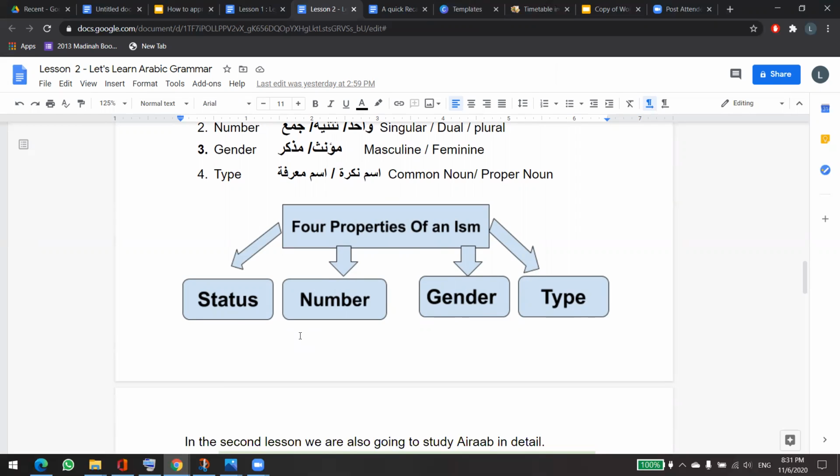Status, number, gender, type. And remember, we are learning about ism. So ism has four properties. When we describe an ism, we describe the status of that ism, the number of that ism, the gender of that ism, and we also mention the type of that ism. Got it?